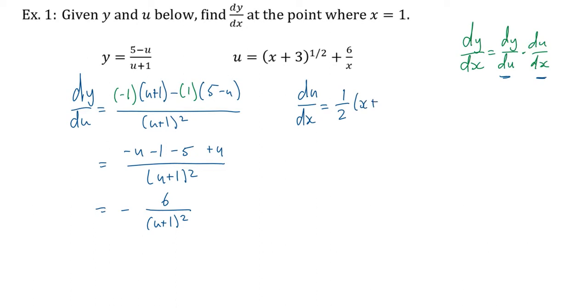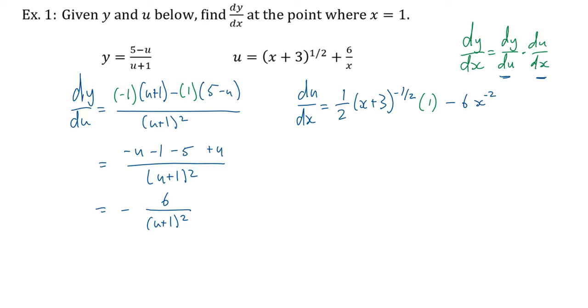Subtract 1 from the exponents, that becomes -1/2, and then multiply by the derivative of what's inside, which in this case is just 1, but you can't forget to do that since this is review. I think it's a good thing to do. And then this is 6x to the -1. So when I bring the -1 out, I get -6x to the -2.